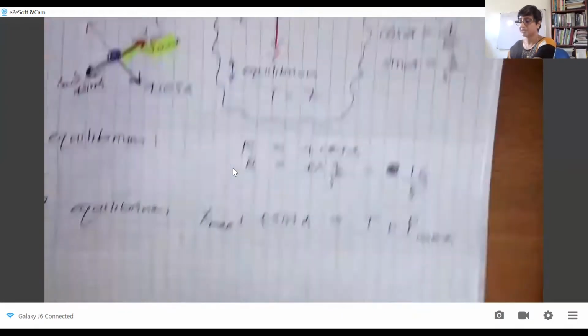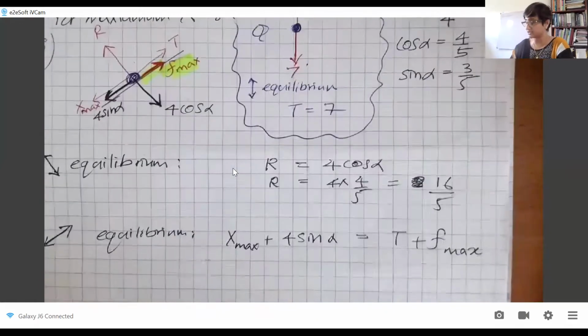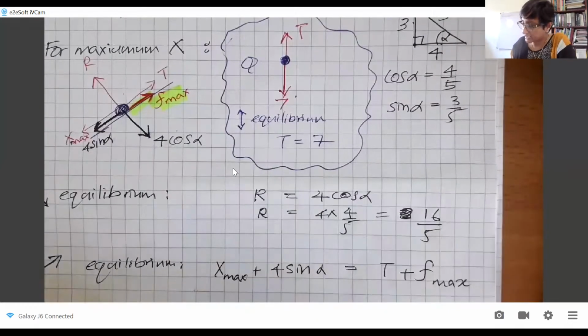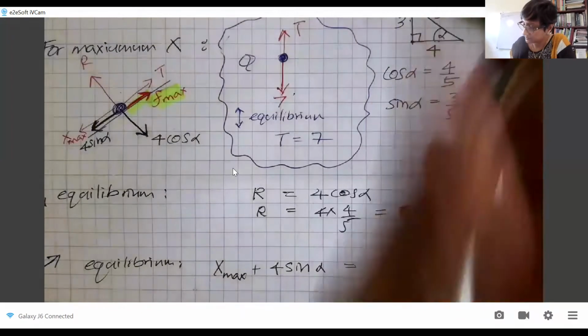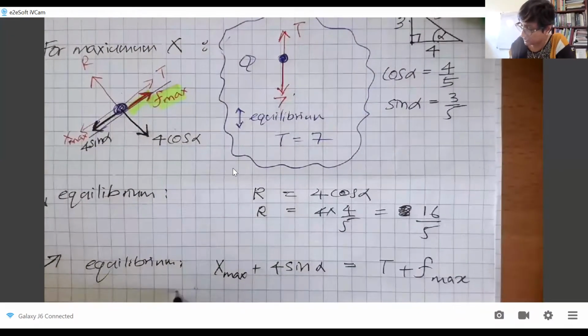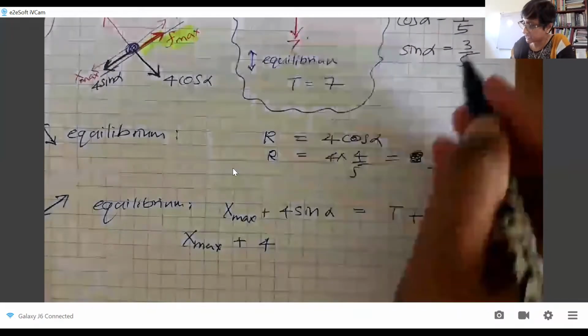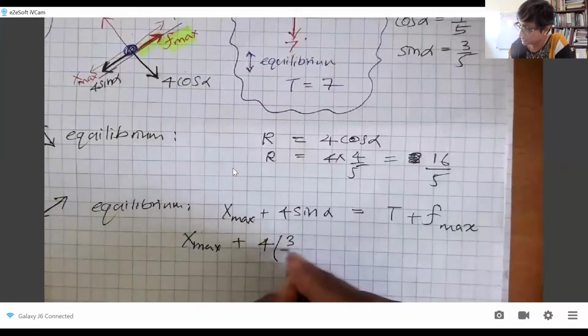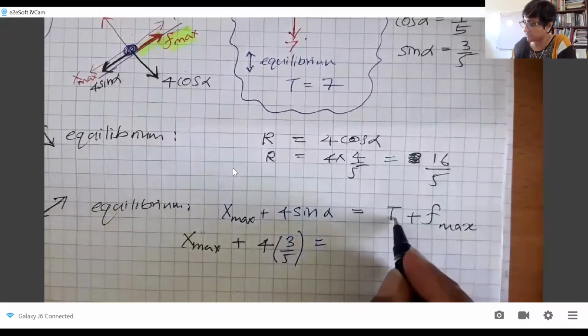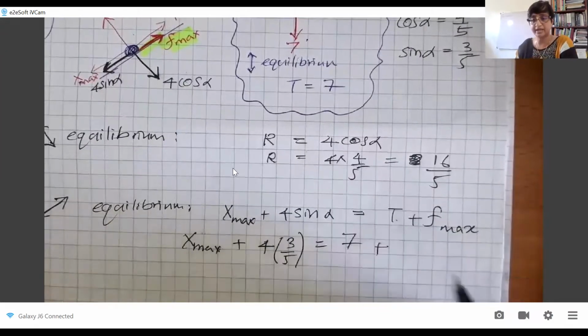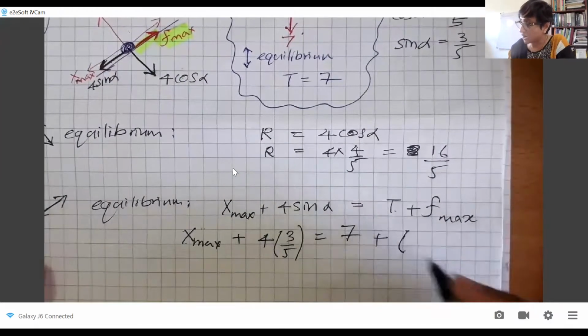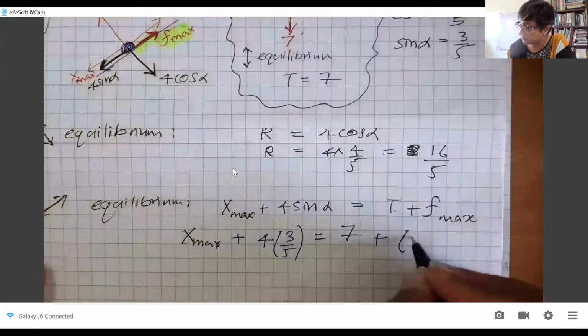Just by thinking of forces acting on Q, I can use it now here. X max is what I want to find, plus 4 times sine alpha. I have sine alpha there, 3 over 5. See how everything comes together. T I found, 7. F max is mu R. Mu is given, 0.5.